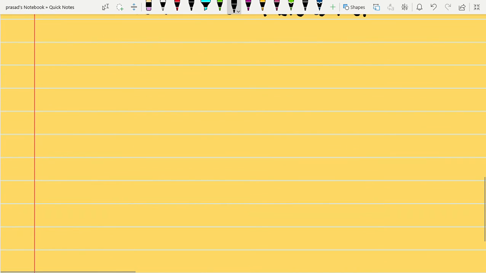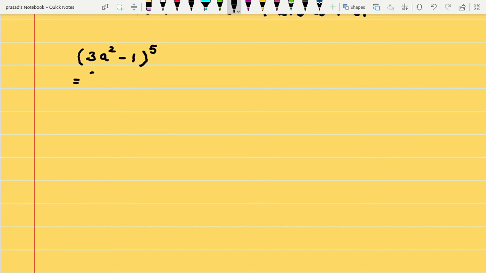Let us take one more problem here. Take this one, 3a square minus 1 to power 5. Now here, the middle sign in the bracket is negative.